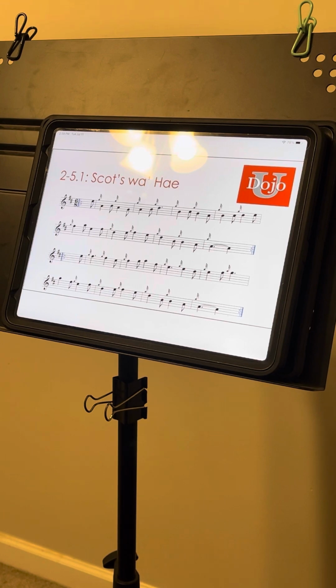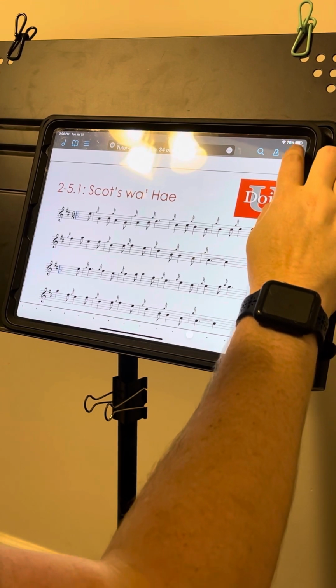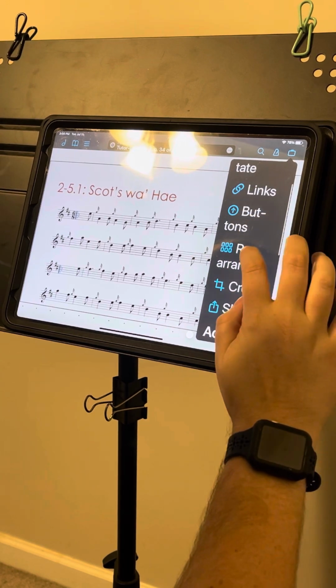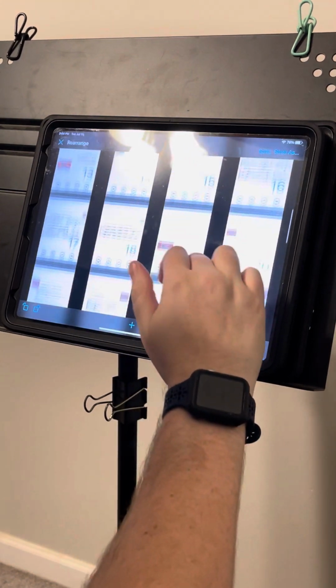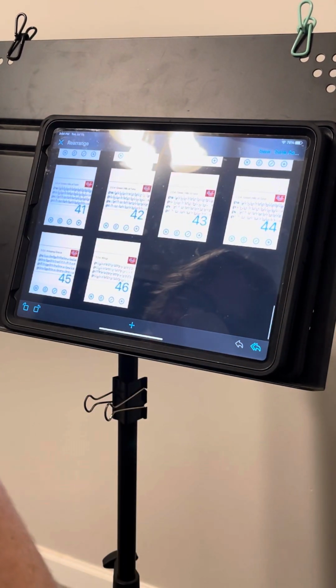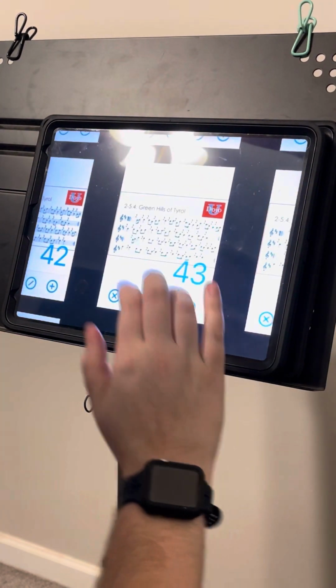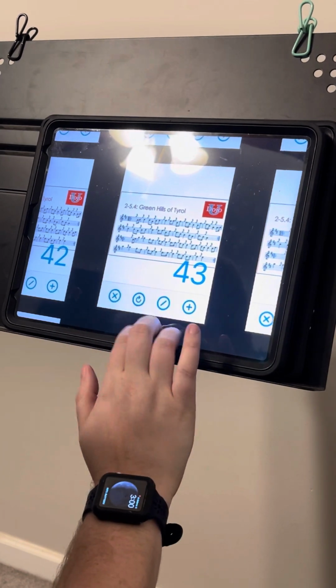So what I did is I went into the rearrange feature. You go to the little toolbox in the top right corner, and then you tap on rearrange, and it brings up this page with thumbnails. You can do this without zooming in, but I find that personally it's a little bit okay.